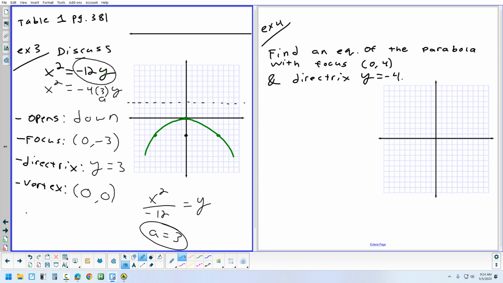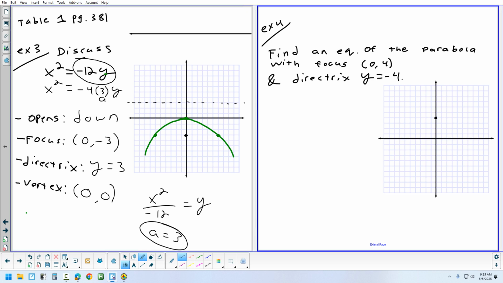Okay, so focus is right there. If all I told you was the focus, that's not enough information. You could have a parabola open up, down, left, or right and wrap around that focus. But they tell me the directrix. Y equals -4.